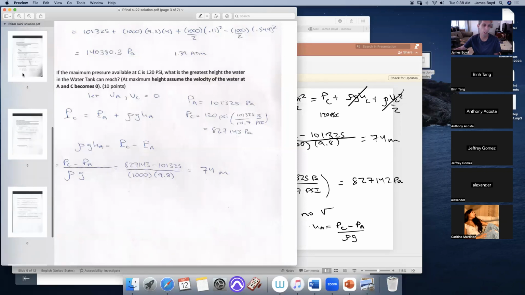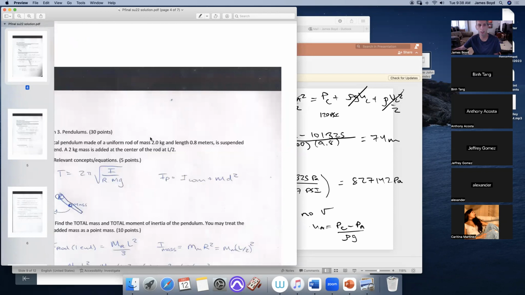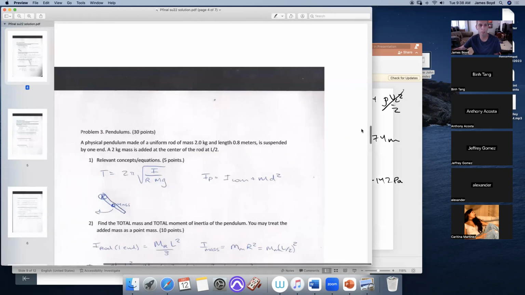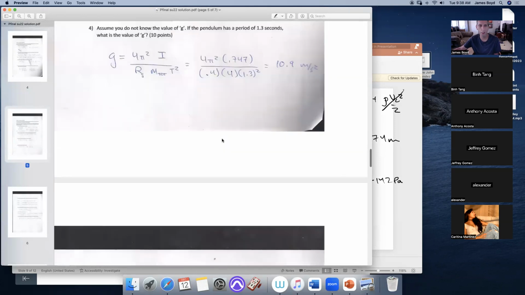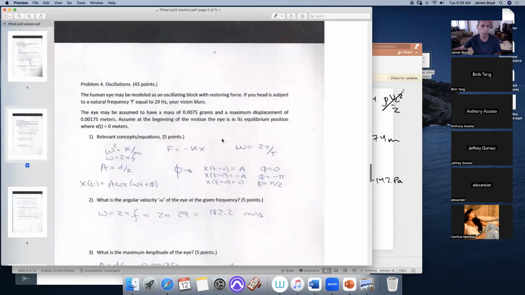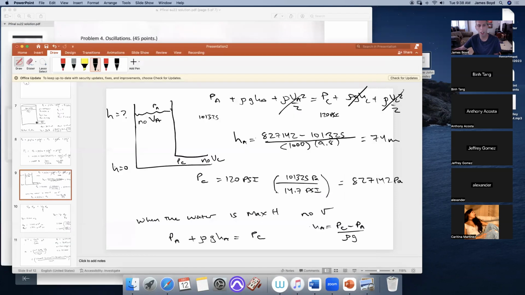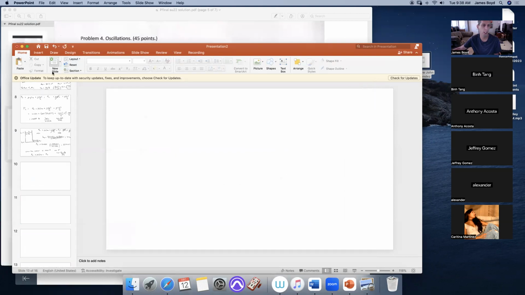I'm going to come back to, or no, I'm going to do this right now. I want to do oscillations. I'll come back to the pendulum. But oscillations, now we've talked about this a few times, but in oscillations, you know the equation. You know that the equation is x of t, so the position at any time.